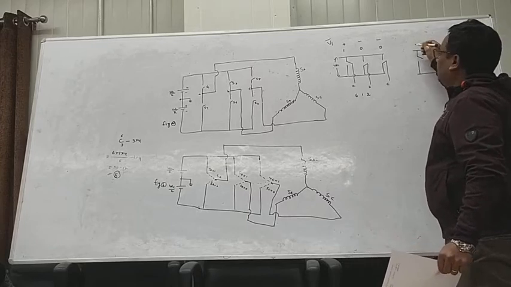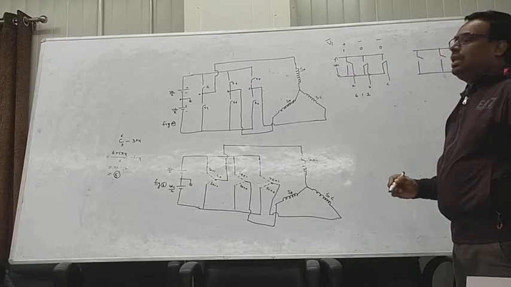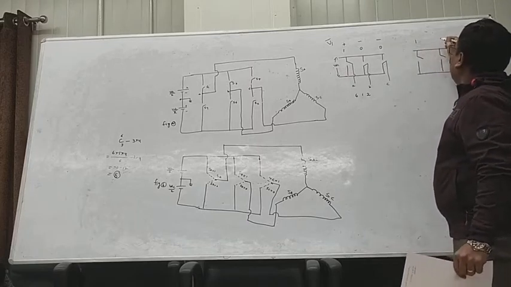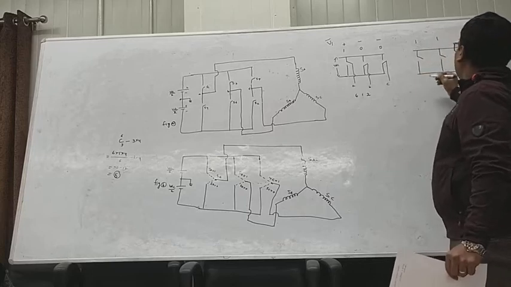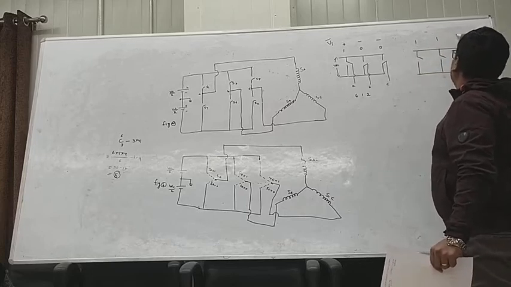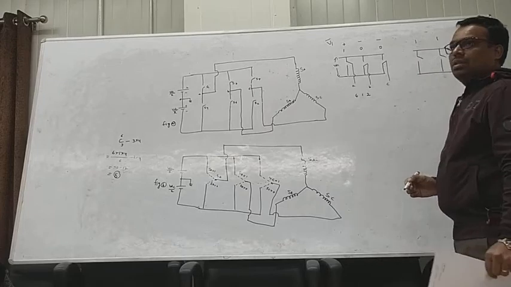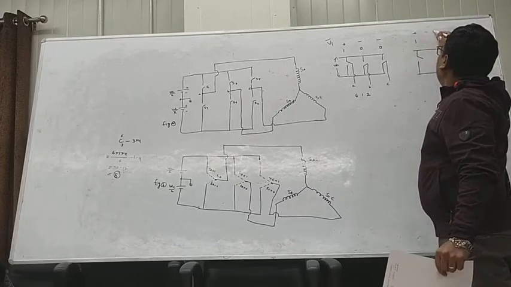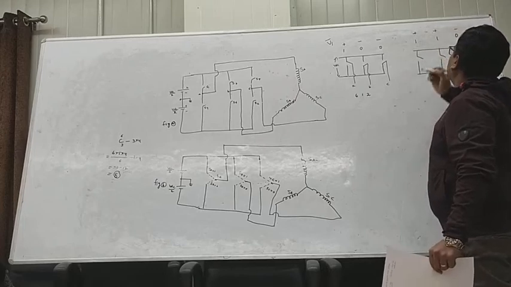The upper switch is on, it means switch 1 is on, so this is 1. Switch 3 is also on, again it is 1, and switch 2 is turned on, so it is 0. So this is plus, plus, minus.